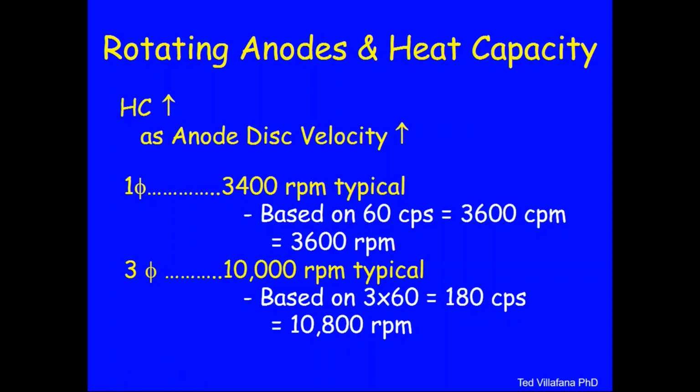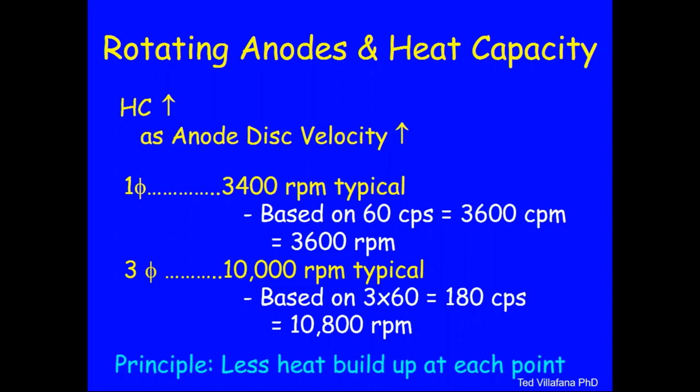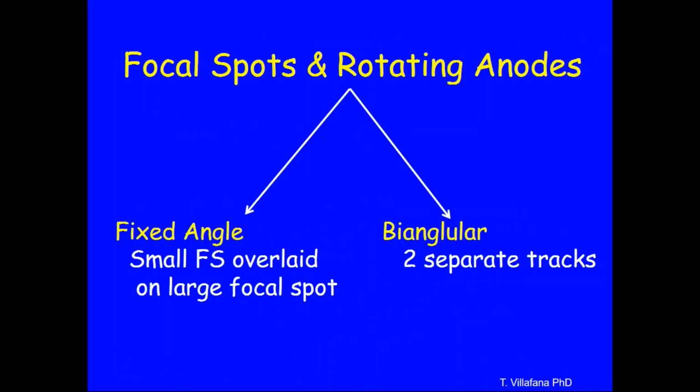And again, you have slippage, and again, we specify it at a little bit lower value, 10,000 RPM, typical for three-phase. Okay. Notice that three-phase is going to give us a heat capacity advantage. Because it rotates faster, it moves the metal that much quicker out of the electron stream and out of the electron bombardment and the deposition of heat. Okay, so a three-phase will give you better heat capacity as well.